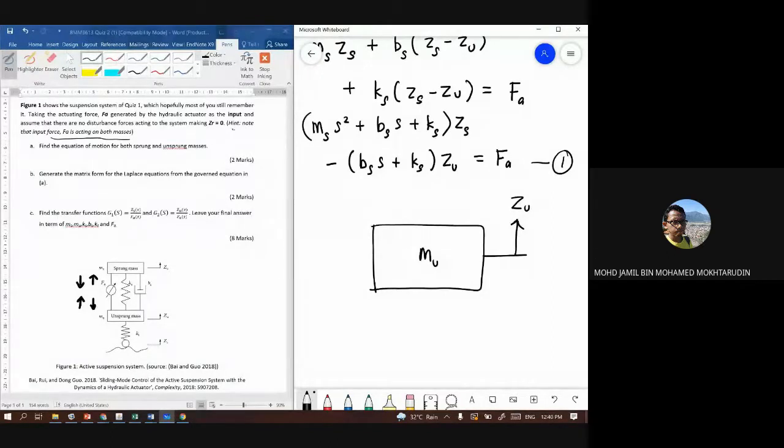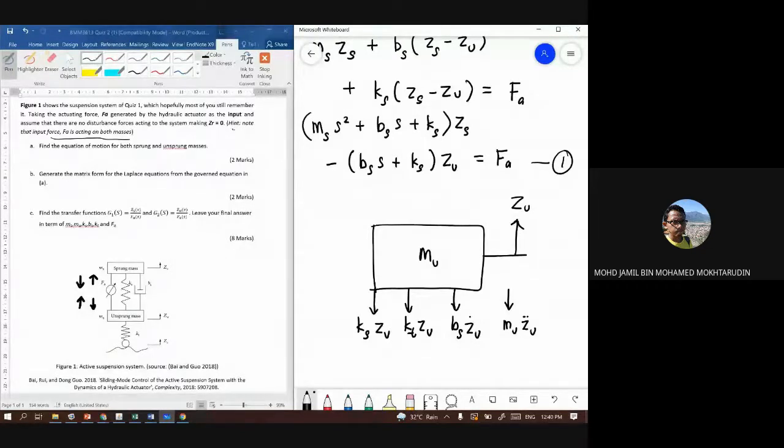So we have two springs and one damper: Ks Zu, Kt Zu, Bs Zu dot, and the inertia Mu Zu double dot.